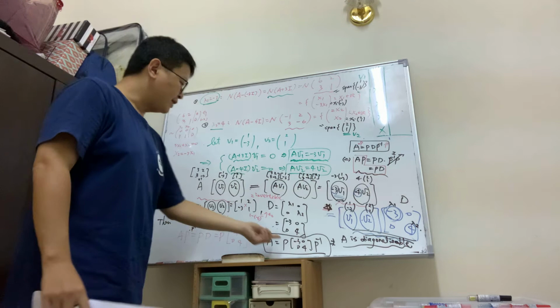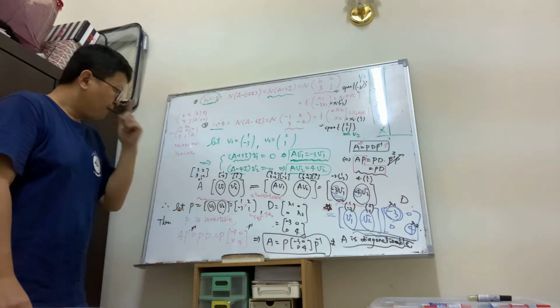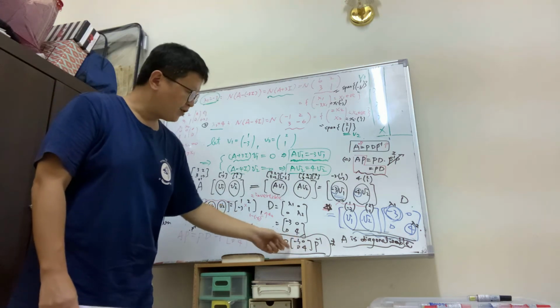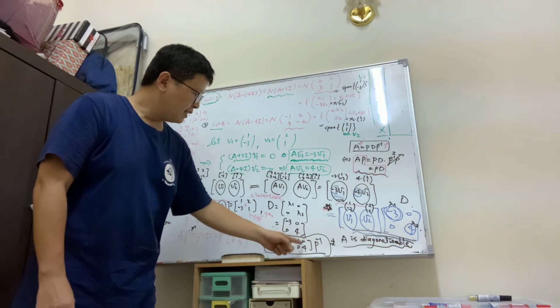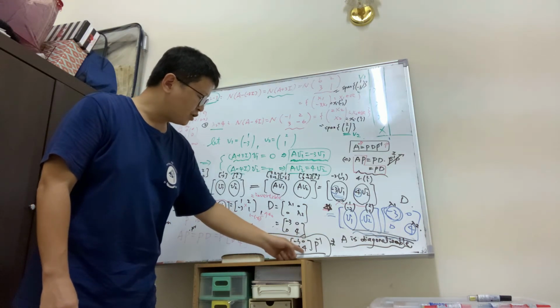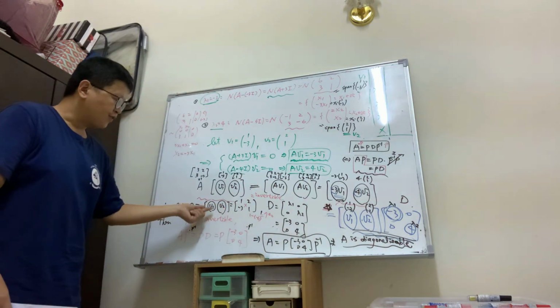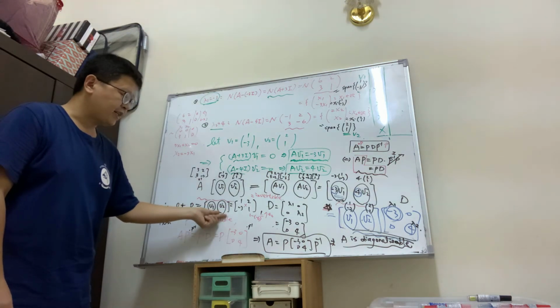But what's the invertible matrix P? It's exactly the eigenvectors. For the diagonal matrix D, if the first diagonal entry is lambda 1 and the second is lambda 2, then for the invertible matrix P, the first column should be eigenvector v1 and the second column eigenvector v2.